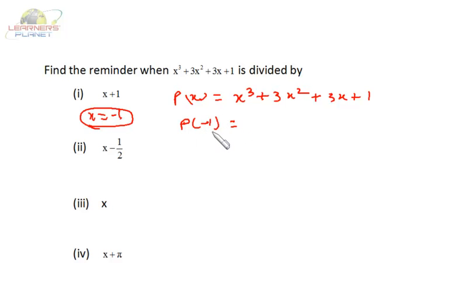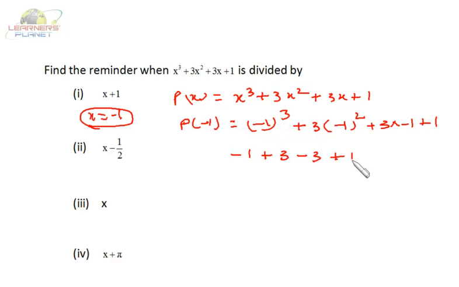And p(minus 1) is the remainder when p(x) is divided by x plus 1. Okay, so just put the value of x as minus 1. It's minus 1 cube plus 3 into minus 1 square plus 3 into minus 1 plus 1. So it's minus 1 plus 3 minus 3 plus 1. So we are getting 0.